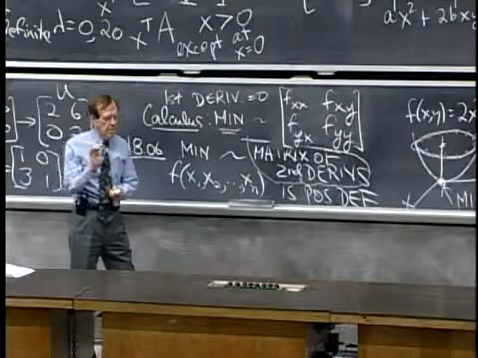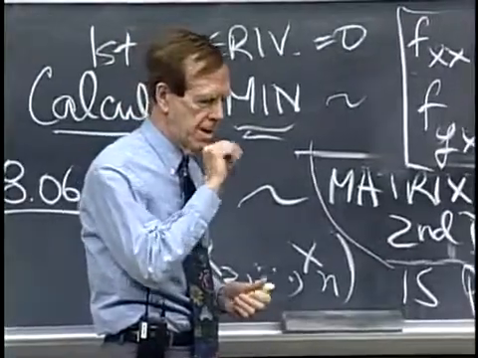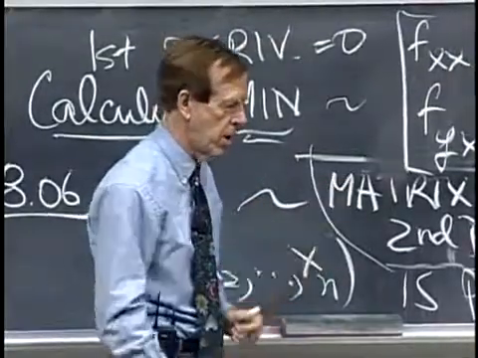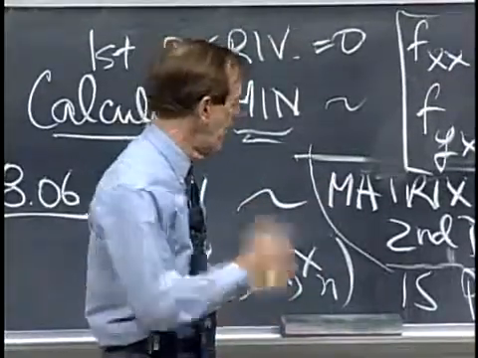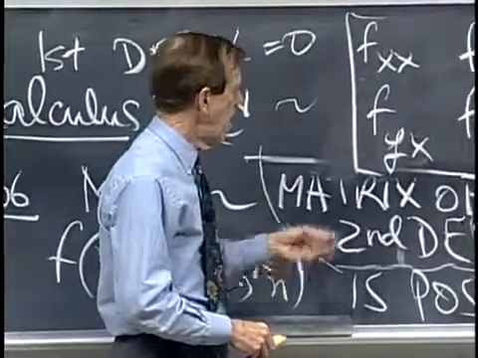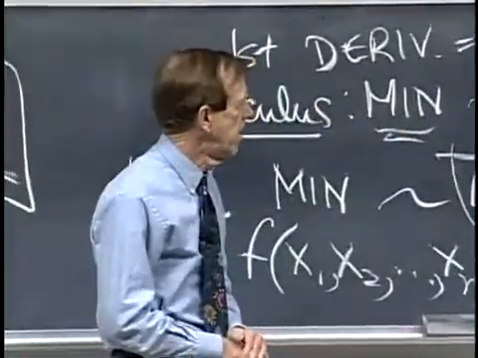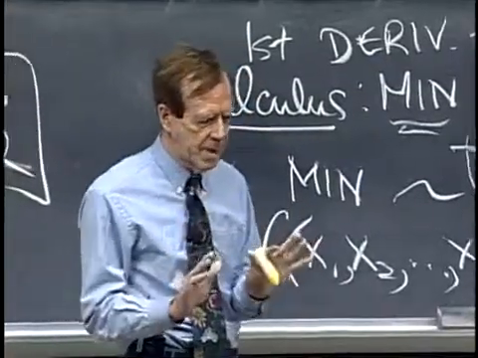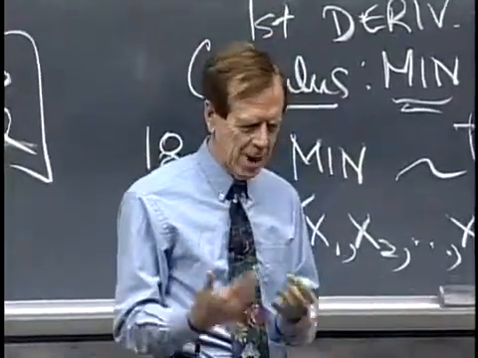You might remember, tucked in somewhere near the end of 18.02, or at least in the book, was the condition for a minimum for a function of 2 variables. When do you have a minimum for a function of 2 variables? And believe me, that's what calculus is for.